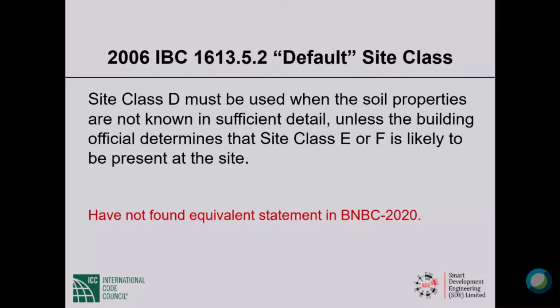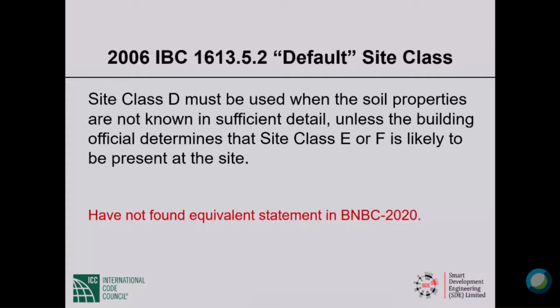AC705 was replaced by ASC 710, then ASC 716, and now ASC 722 is right around the corner. So a lot of changes have taken place. Same with the IBC. And once I start going there, there will be no end. So I have stuck to the older stuff, and it has been an effort for me to go back to some of this much older material, but that's what I have tried to do.